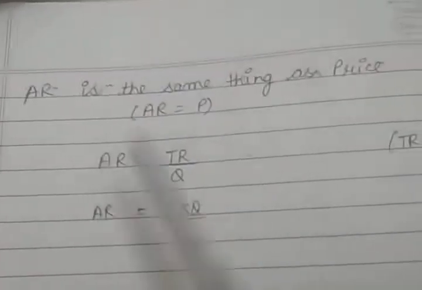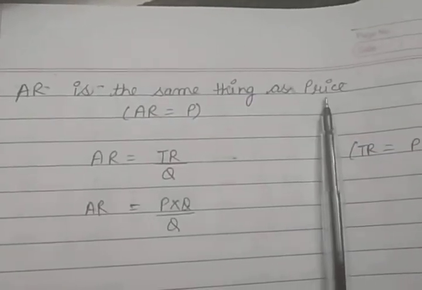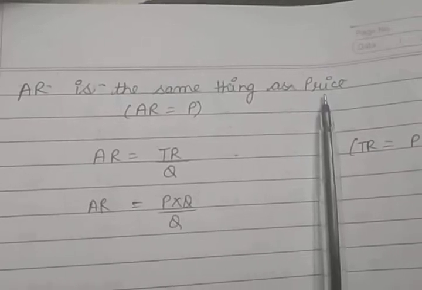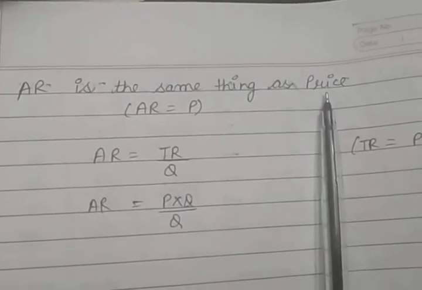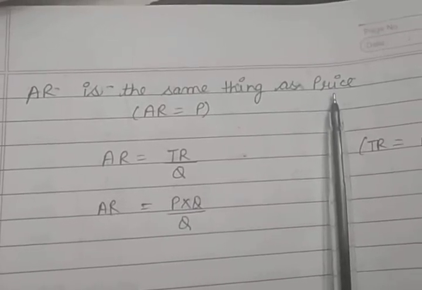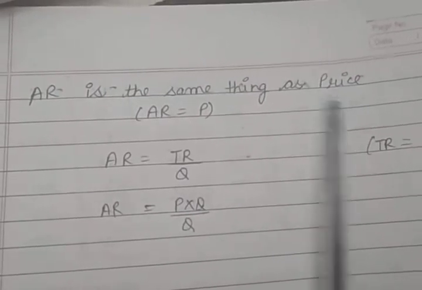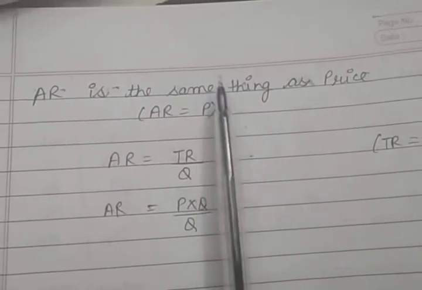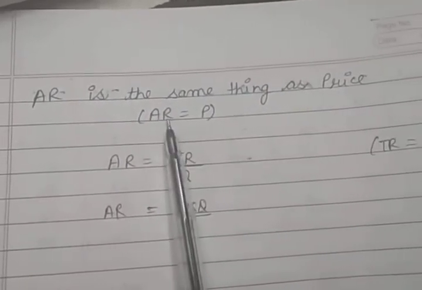Now the next thing is that AR is the same thing as price. That means AR is the price of one unit of output, because price is always per unit of a commodity. It can be proved. Why is AR equal to P?